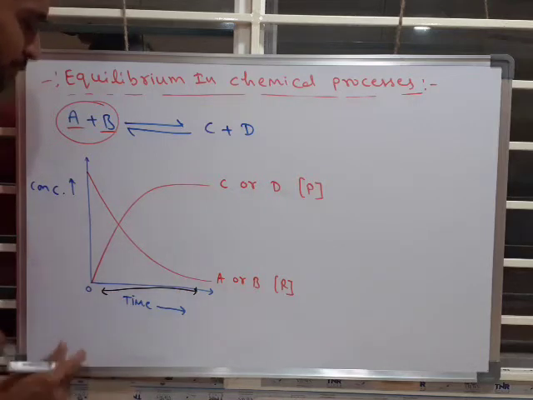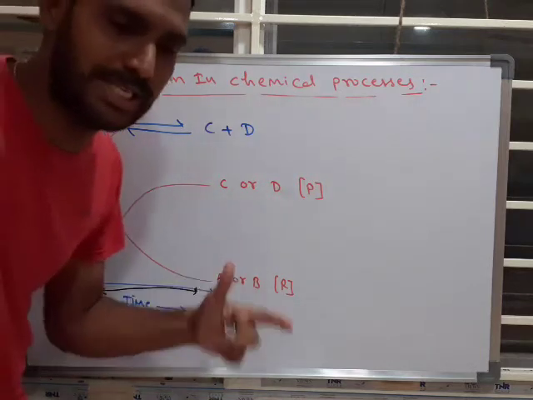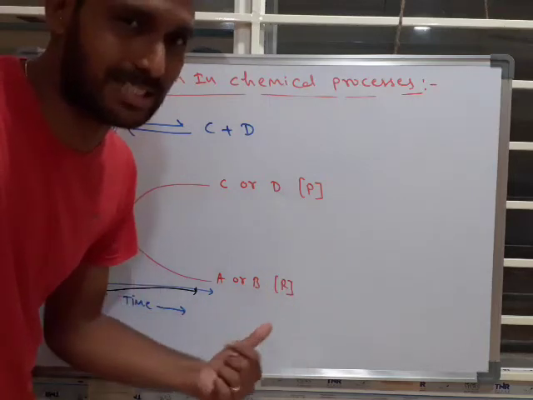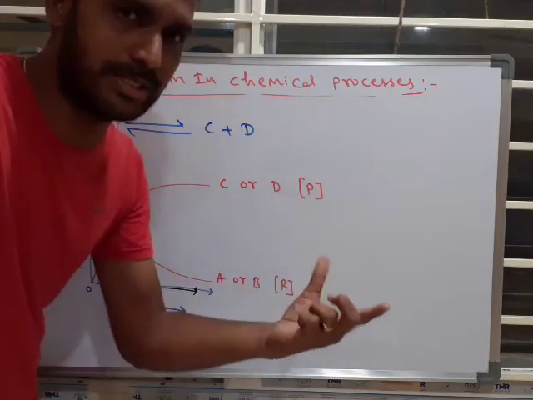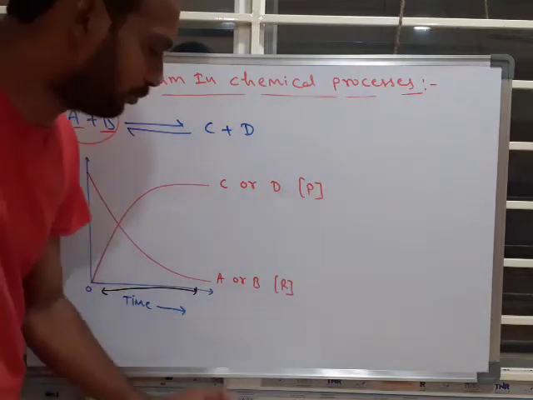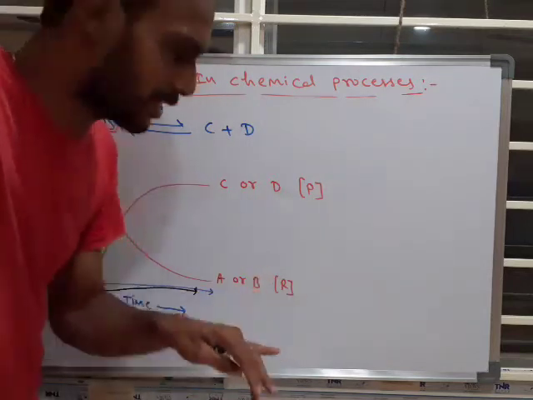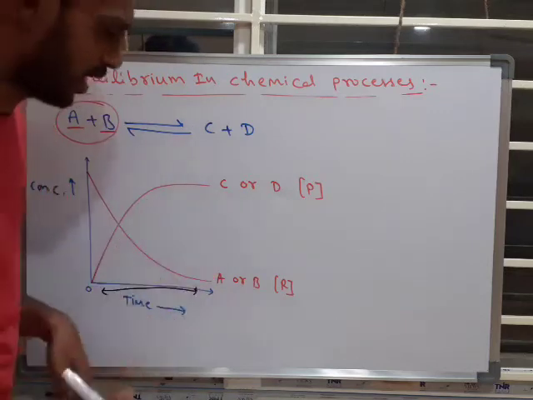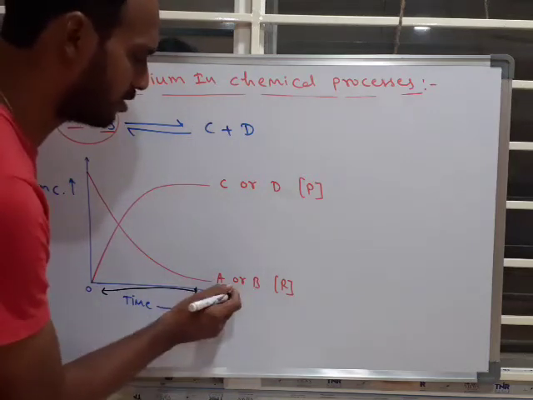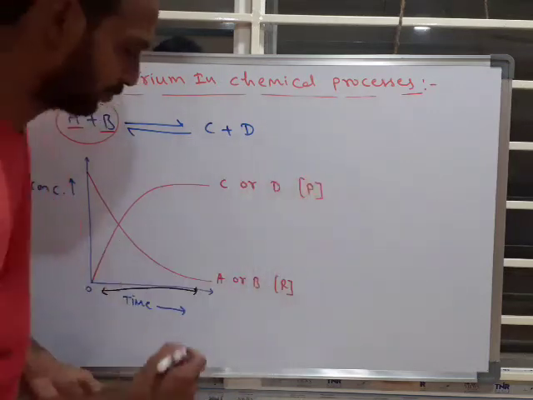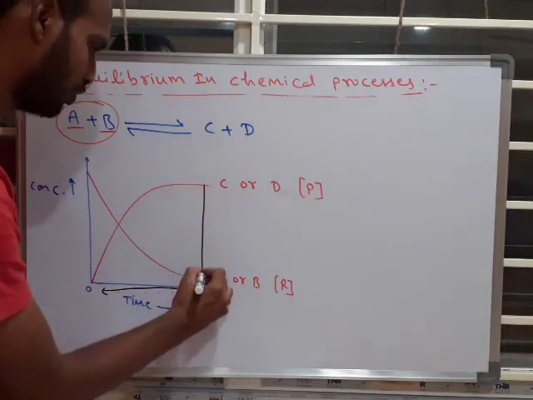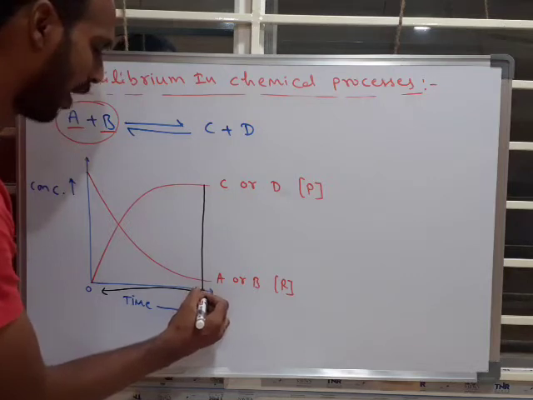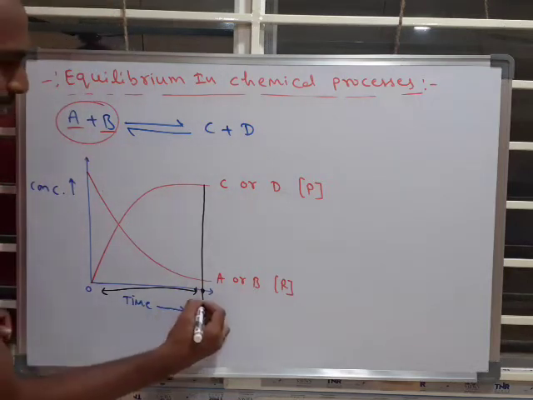Up to this time the reactant concentration decreased and the product concentration increased, but after a certain time there is no change in the concentration of reactant and product. If we draw, the lines come straight. So at this position there is no change, which means this point indicates equilibrium.